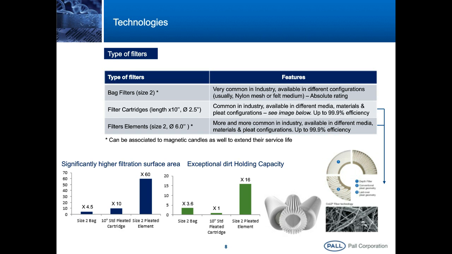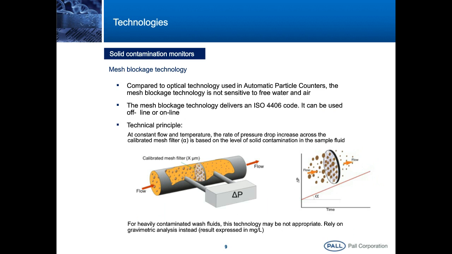Before presenting the different types of part washing machines, I found it interesting to talk about diagnostics and monitoring equipment. If operators want to control the contamination levels of their wash fluids continuously or during specific maintenance programs, I would recommend diagnostics and monitoring devices relying on the mesh blockage technology, which, compared to automatic particle counters, are not sensitive to free water or undissolved air.